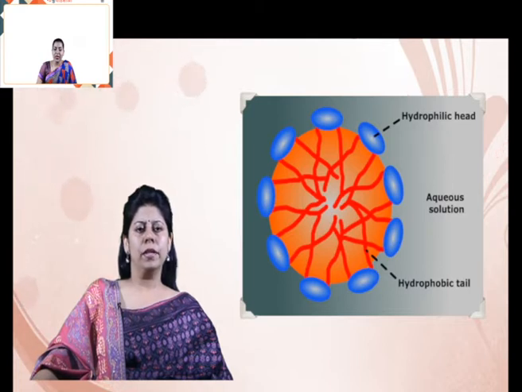A typical micelle in aqueous solution forms an aggregate with the hydrophilic head regions in contact with the surrounding solvent, forming an outer shell, and the nonpolar or hydrophobic single tail regions in the micelle center.